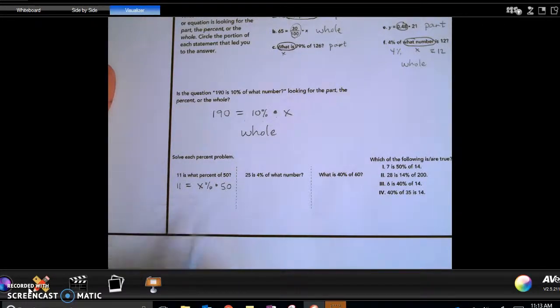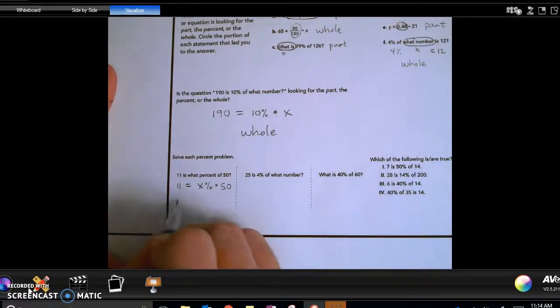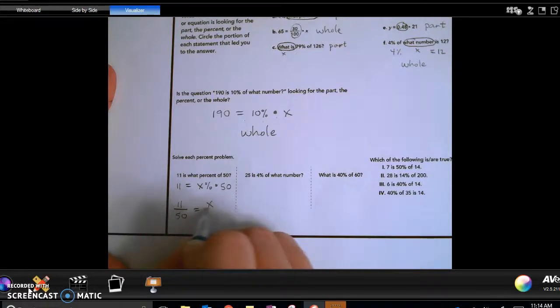So here's what I know. If solving an equation is not your easiest method, then let's do the proportion. But I can still use this percent equation to help me set up my proportion because now I know part equals percent times whole. So my percent proportion says part over whole. 11's my part, 50's my whole, and I'm trying to figure out my percent.